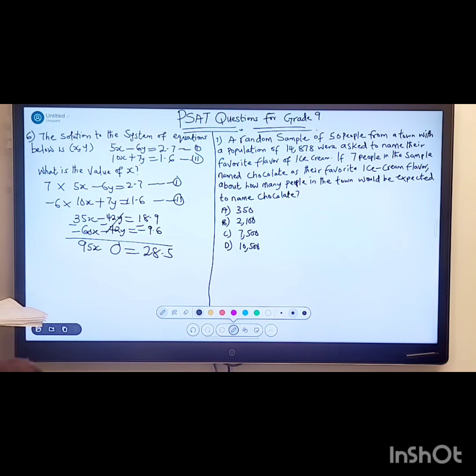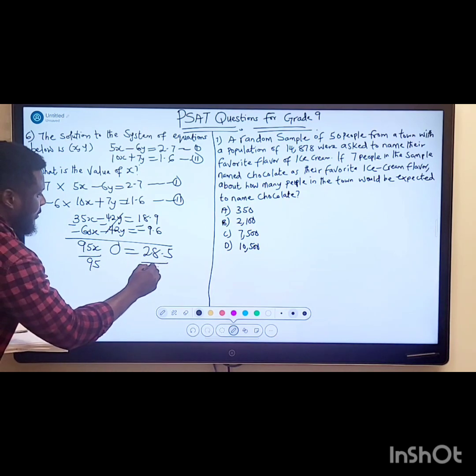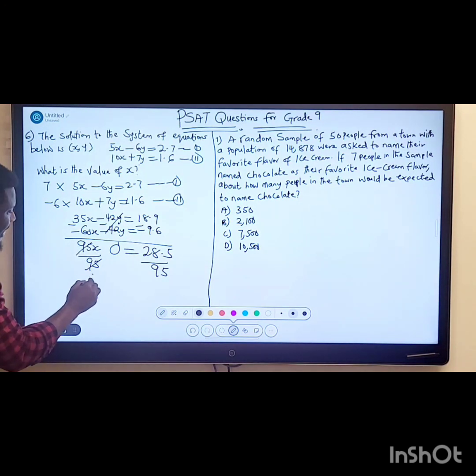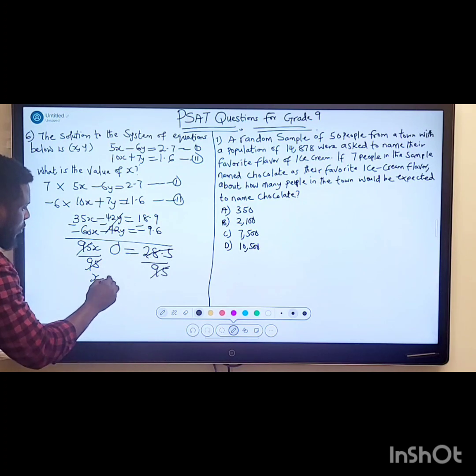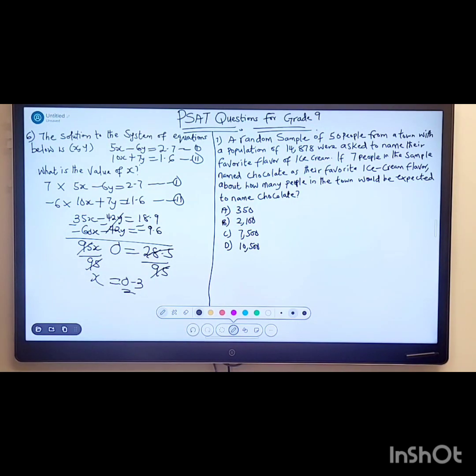Remember, we are looking for x, so we divide both sides by 95. That means x gives us 0.3. Remember that what we are looking for is x, not y.